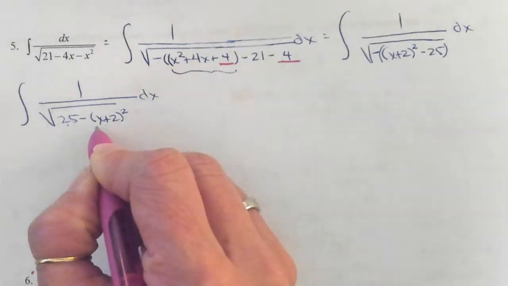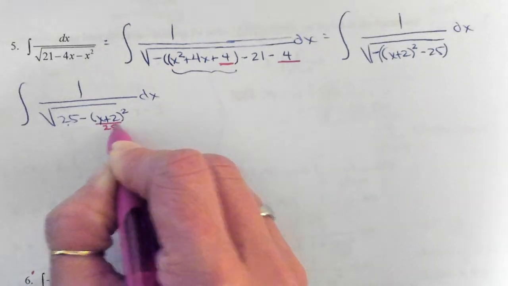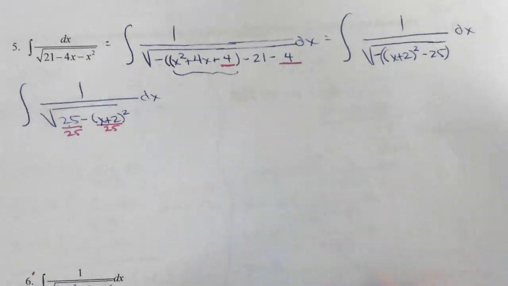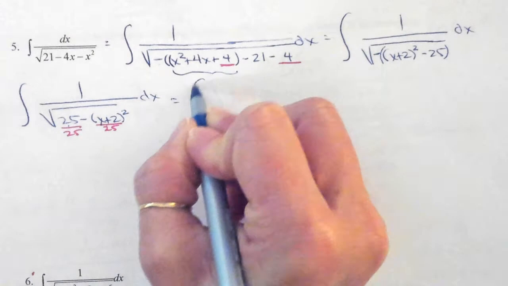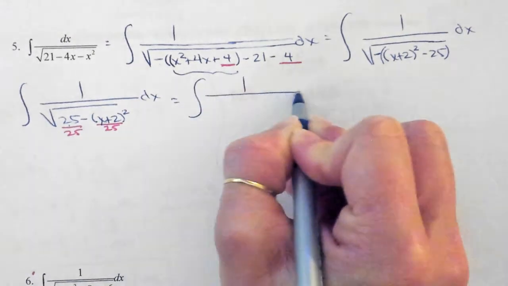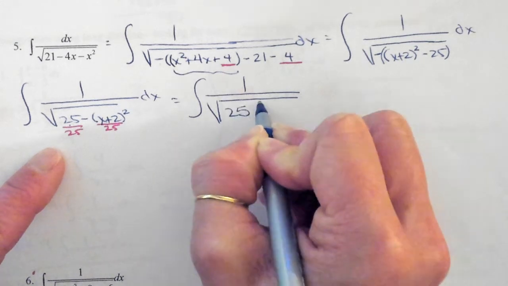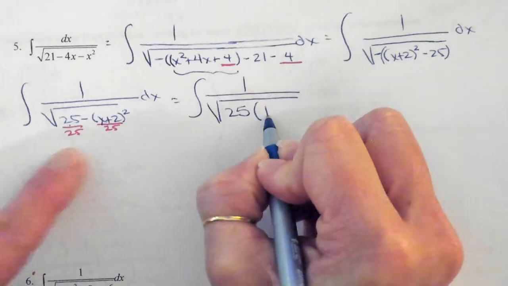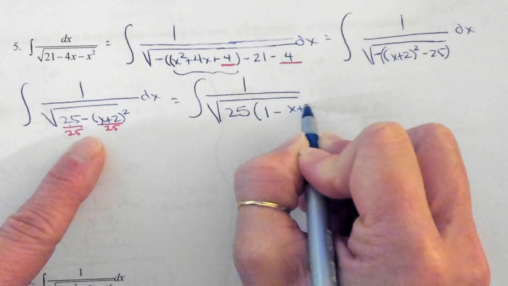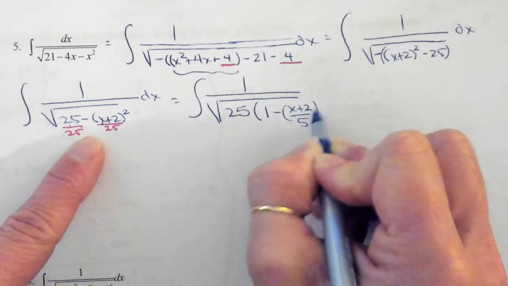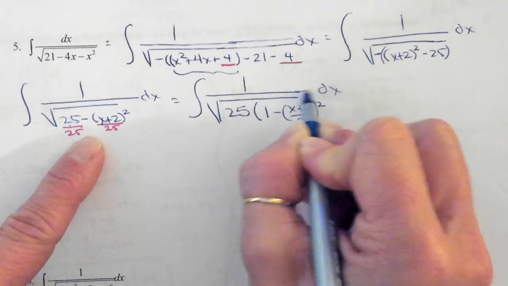So right now I'm dividing by 25, dividing by 25. Is that true? Okay, so what I've got is the integral of 1 over square root. I'm factoring out the 25. This becomes a 1, and this becomes x plus 2 over 5 squared dx.